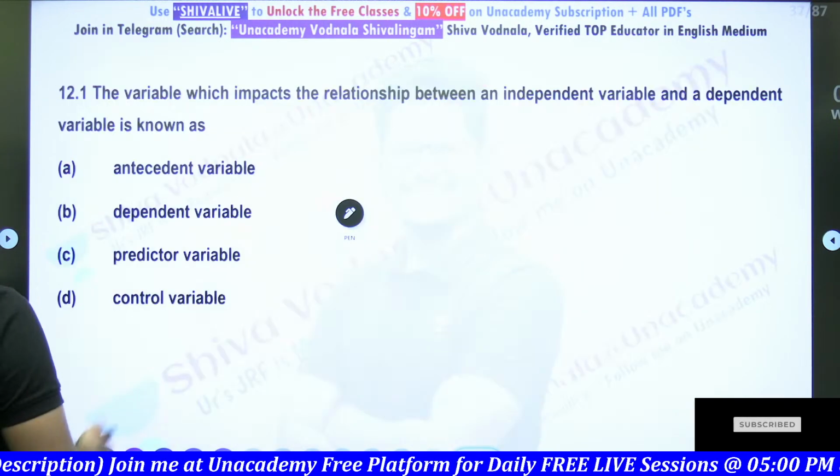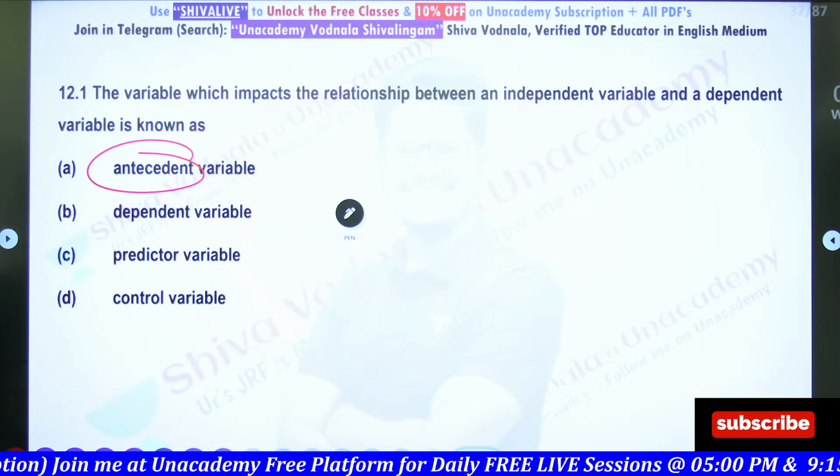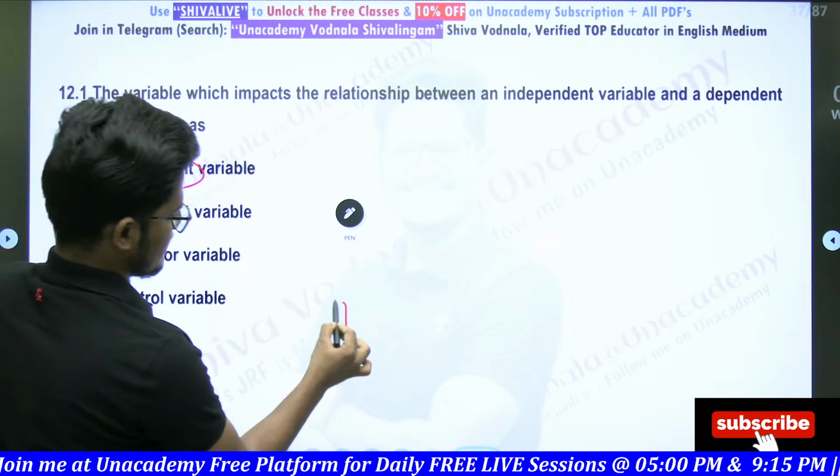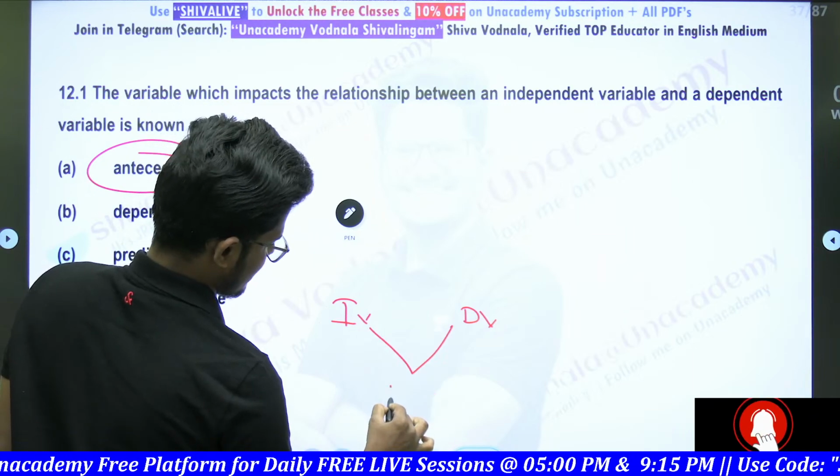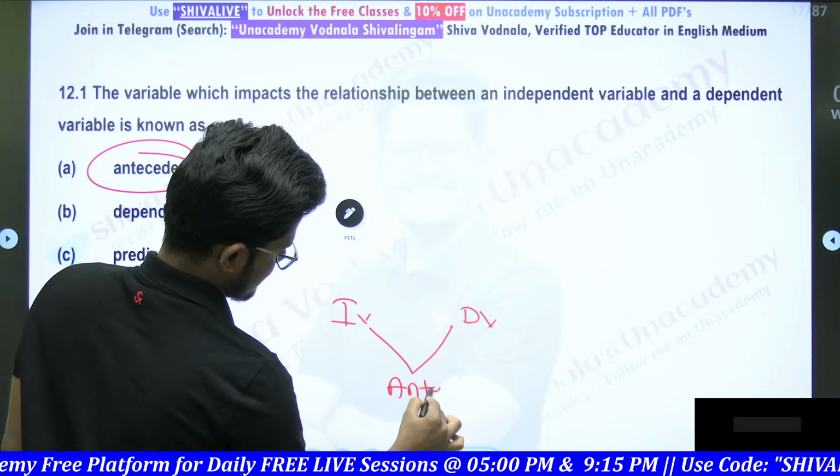Option A is the correct answer, antecedent variable. Between the independent variable and dependent variable, the relationship is being created, which is an antecedent variable.